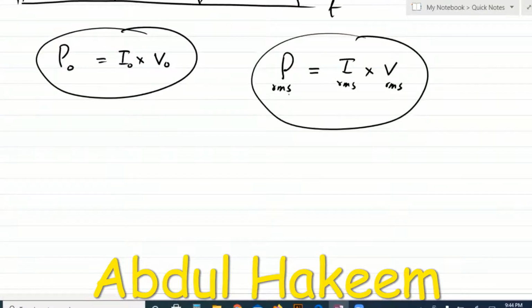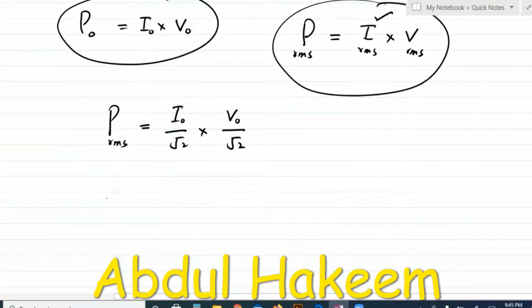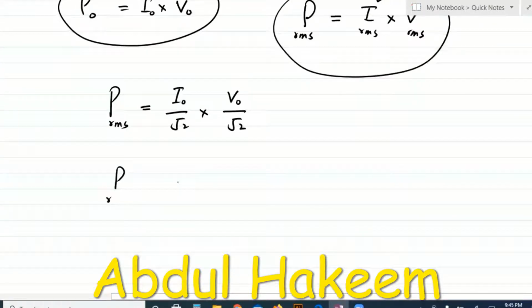Now, this RMS power can also be written, in the sine waveform for the alternating voltage, as I naught divided by root 2 times V naught divided by root 2. So the RMS power is I naught V naught over root 2 into root 2, which becomes just 2.